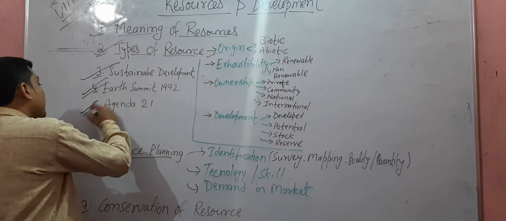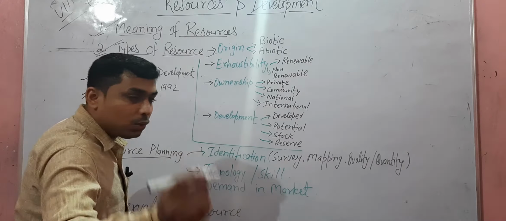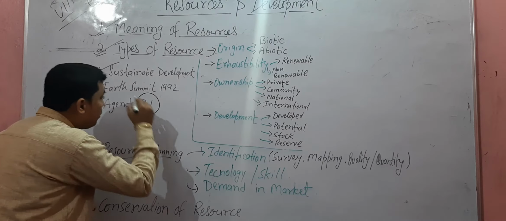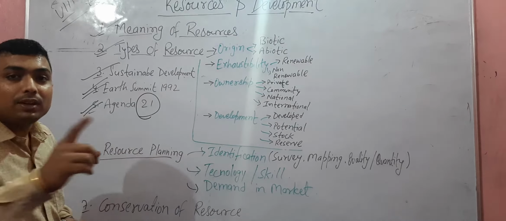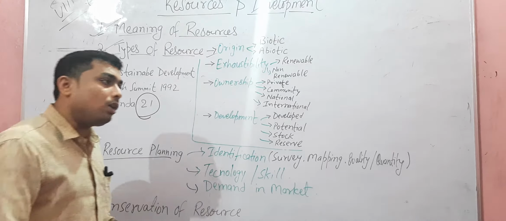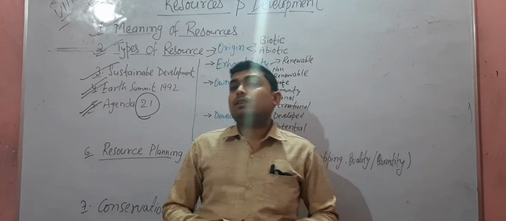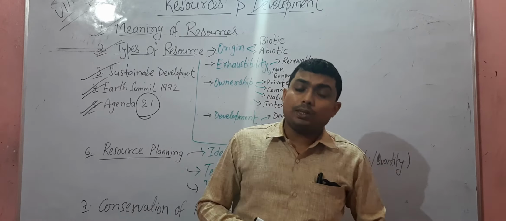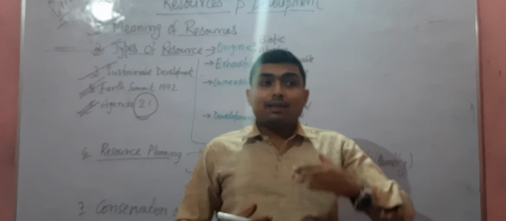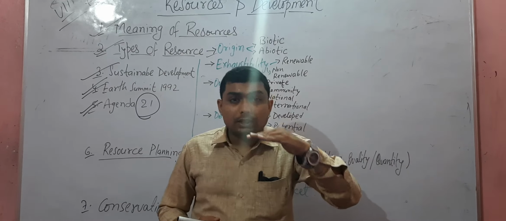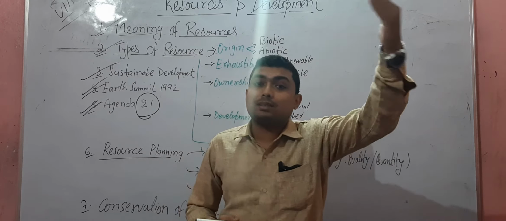Now, the fifth topic is Agenda 21. Students, this number 21 is exactly for the 21st century. Means what? The geologists as well as the economists of the world said that the population of the world is rapidly increasing.